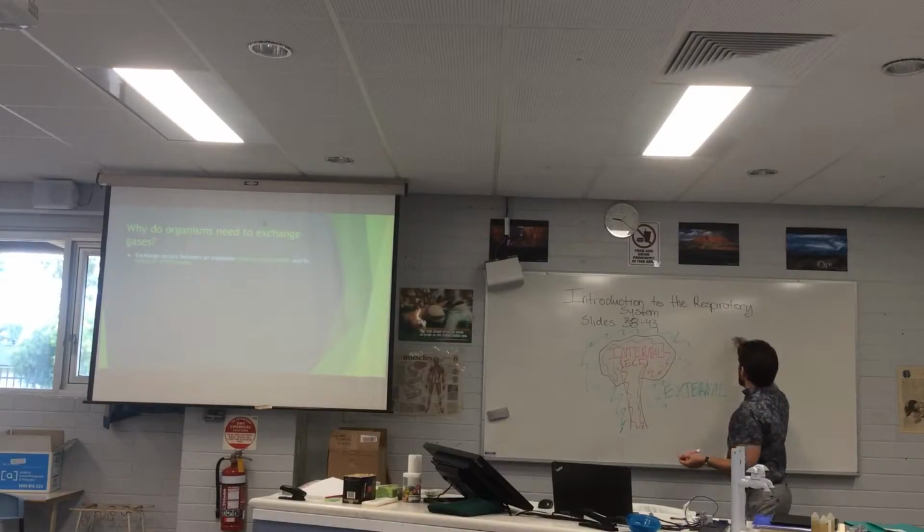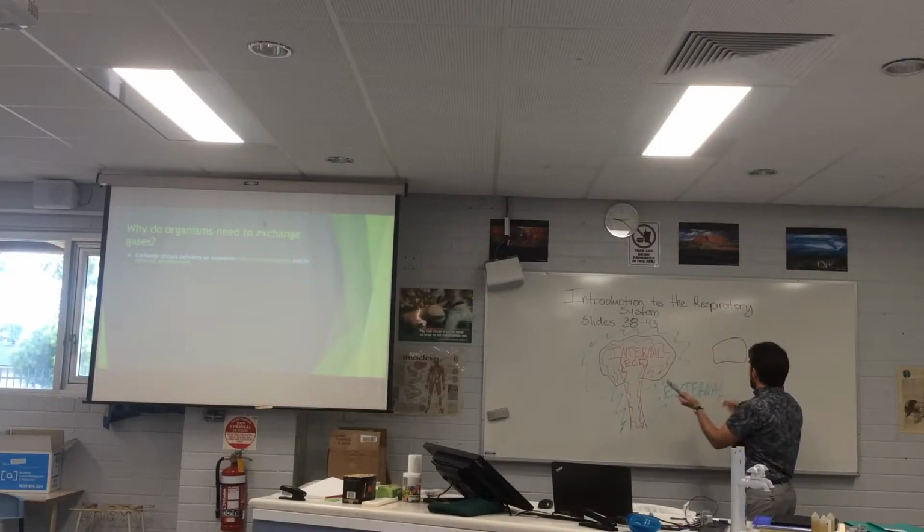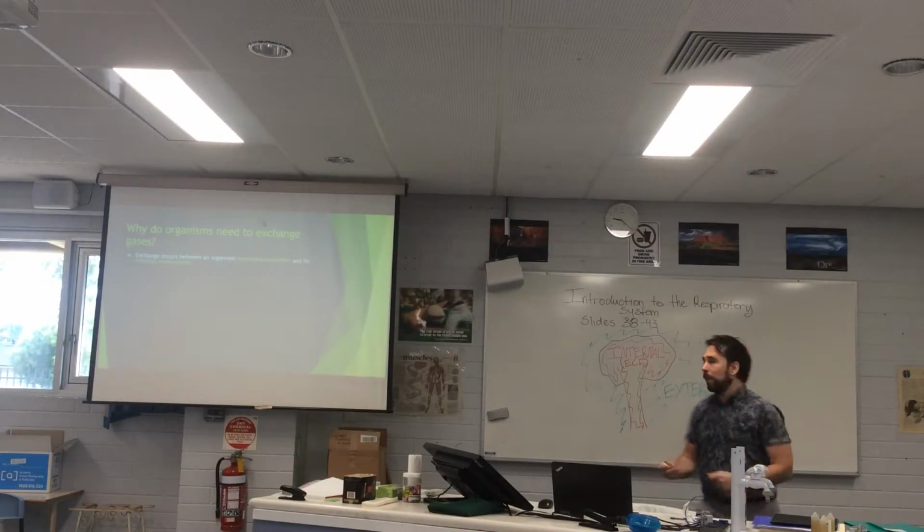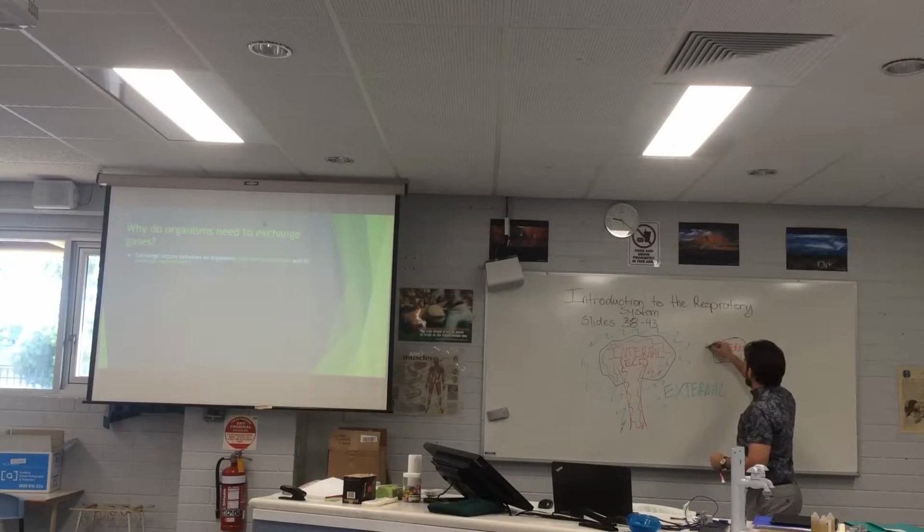If we've just got a single cell, so this is our bacteria, this is internal, but it's also the cytosol. The external portion here is our ECF, as well as being external.